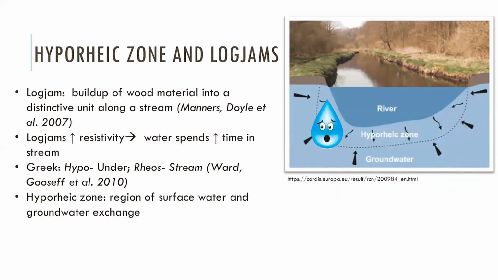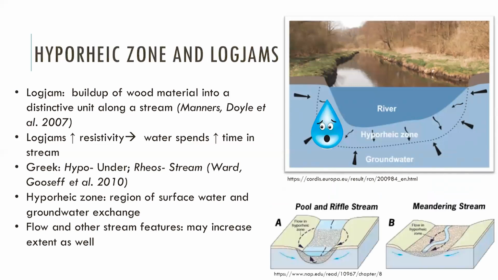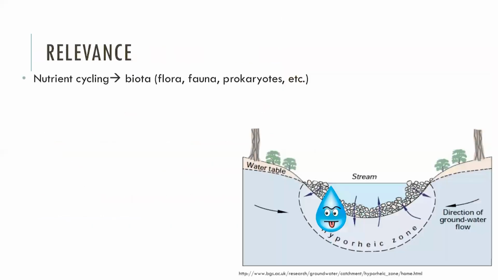The full definition is a region in the subsurface, under and around the stream, where groundwater and surface water exchange. A variety of things may change the extent of the hyporheic zone, such as the flow rate of water and other stream features like logjams, pool and riffle sequences, meanders, and boulders.